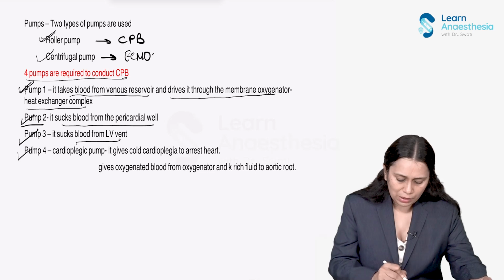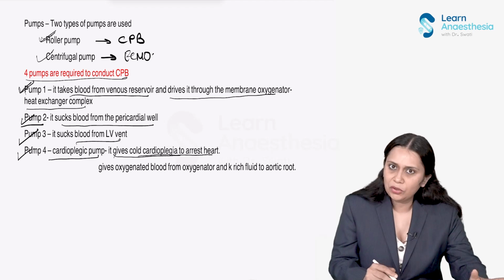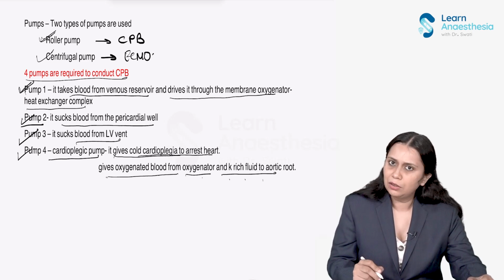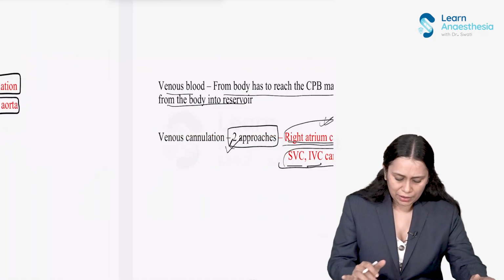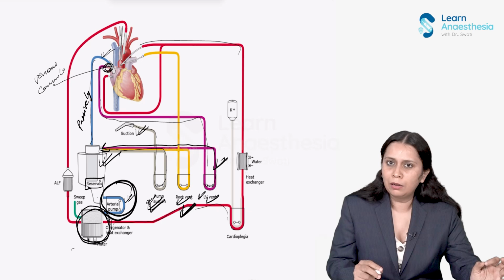And pump 4 is the cardioplegic pump, which gives cold cardioplegia to the arrested heart. It gives oxygenated blood from the oxygenator and potassium rich fluid to the aortic root. So this is our 4th pump.